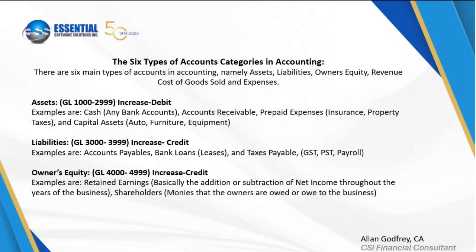Basically what retained earnings are is a collection of all of my sales minus my cost of goods sold minus my expenses. So it's basically the income statement. Whatever that net loss or net gain number is at the bottom ties into the retained earnings.